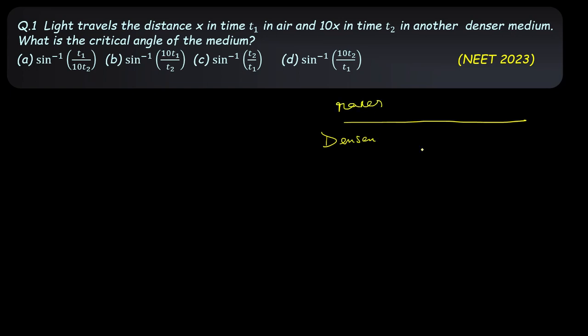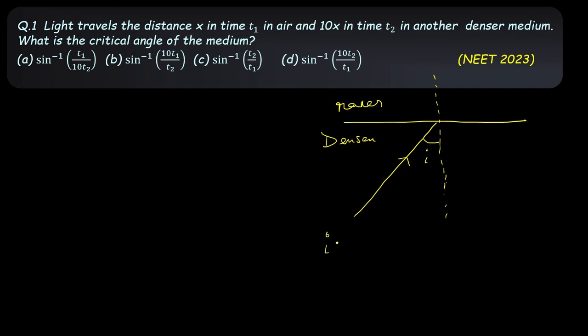When a ray of light goes from a denser medium to the rarer medium, it bends away from the normal. Let's say this is the angle of incident.